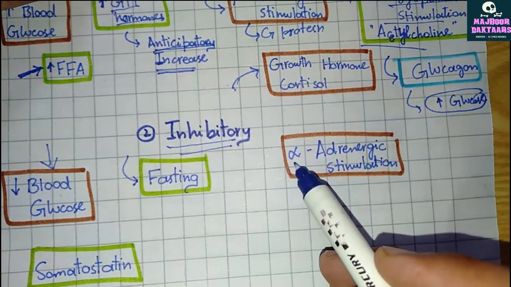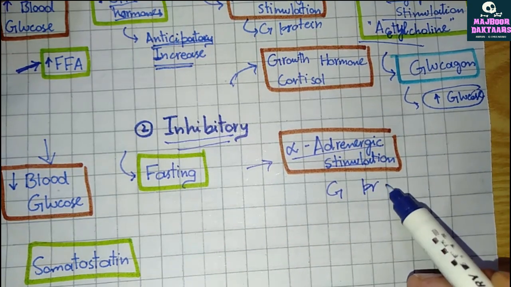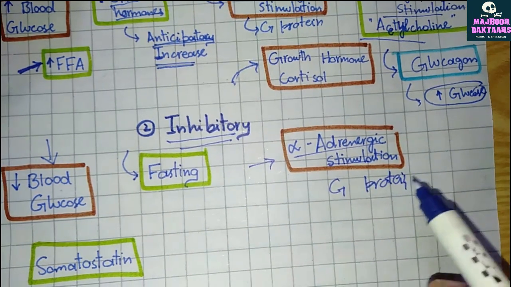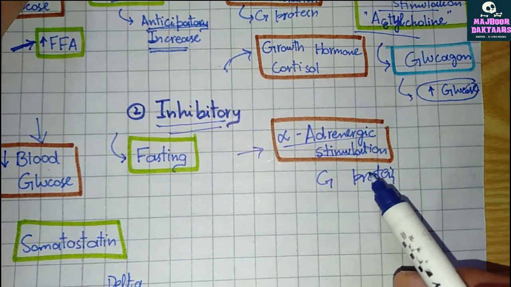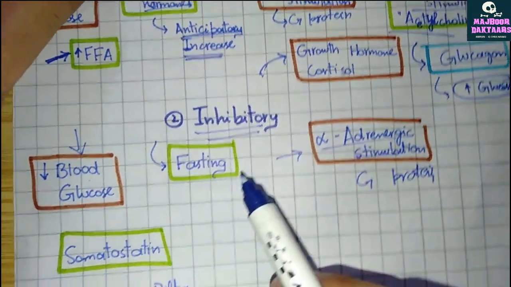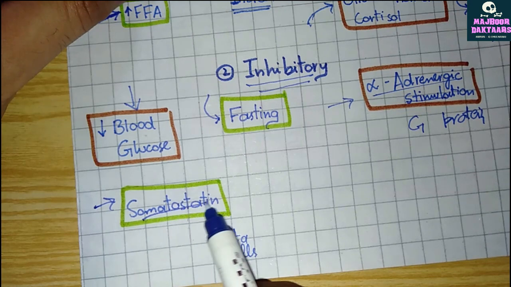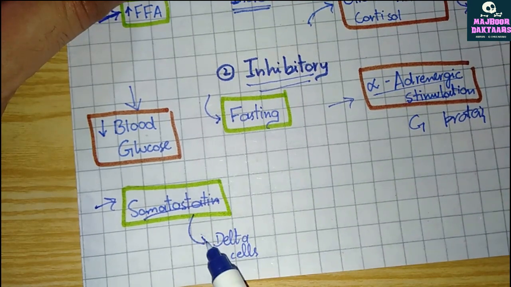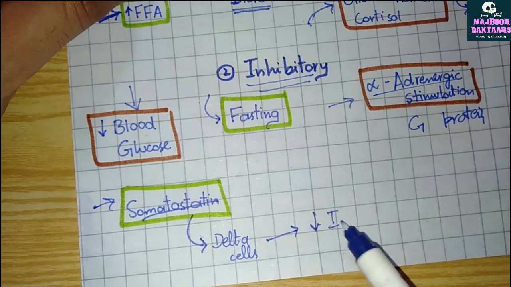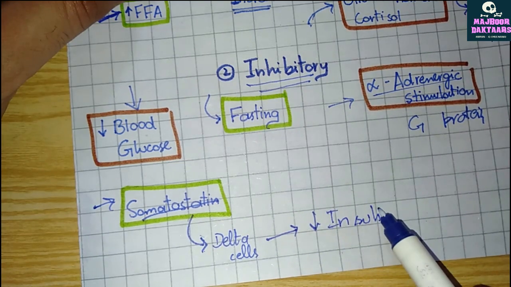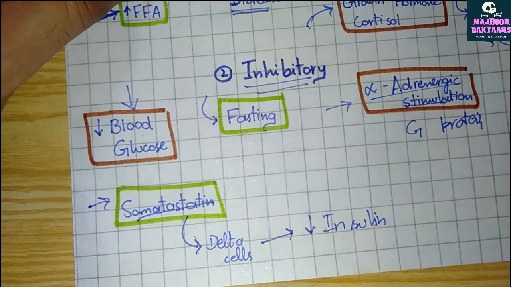Now alpha adrenergic receptor is a class of G protein coupled receptors which activate a cascade of protein enzyme reactions which ultimately decreases the insulin secretion. Another important thing here is that the somatostatin, which is produced by the delta cells of the pancreas, decreases the insulin production. Actually, the somatostatin is used to control the secretions produced by the insulin.